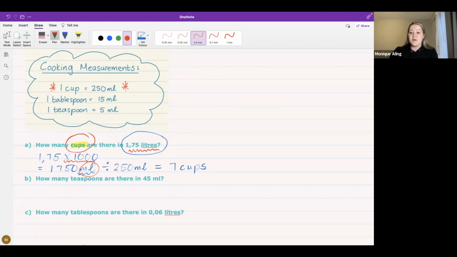However, we only know the size of a cup in milliliters, but the question gave us an amount in liters. So I have to convert the liters. So I times by 1,000, because remember our conversions that we did on Wednesday.